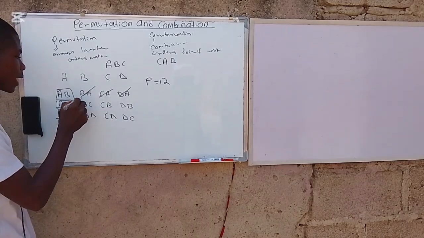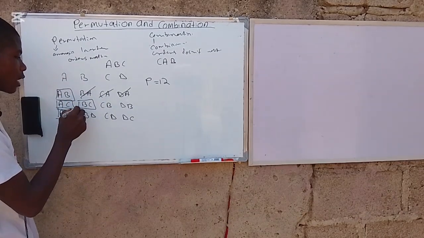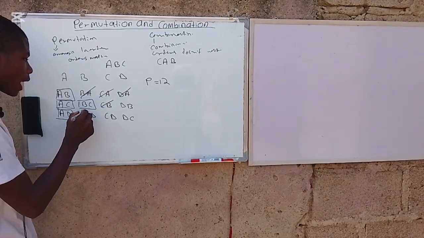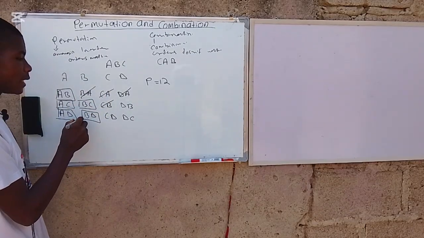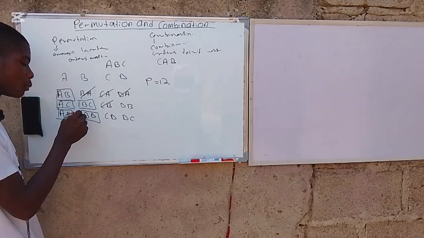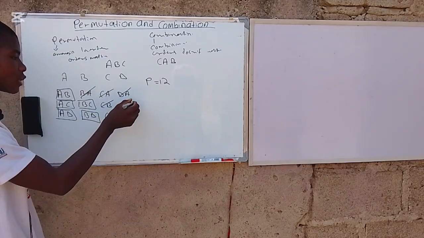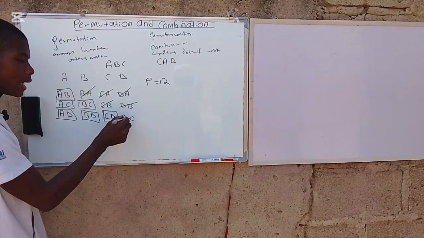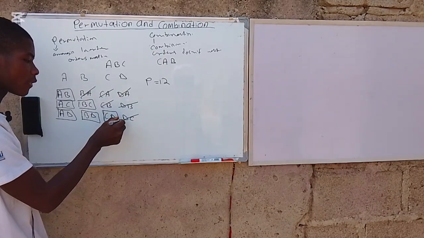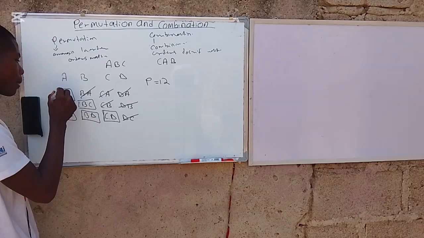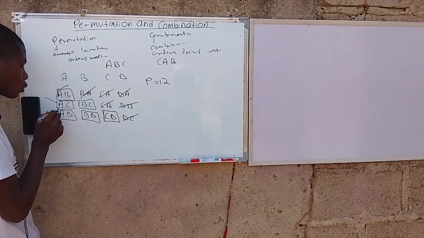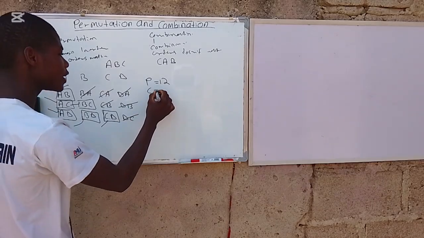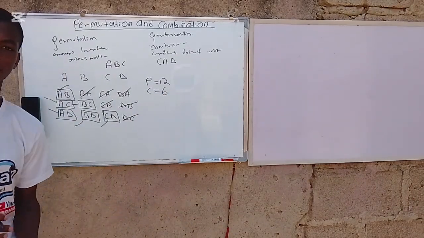I have BC, I have CB, so I will get rid of this. I have BD, but again I have DB, so I'll get rid of this. Also I have CD, and therefore I have DC, so I'll get rid of this. The rest I'm left with: 1, 2, 3, 4, 5, 6. So combination should now be 6.